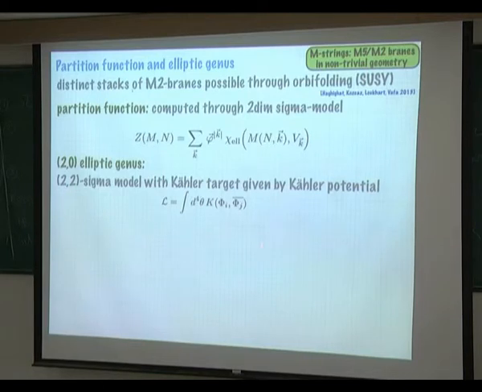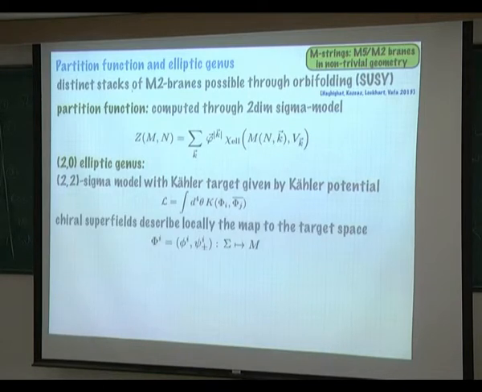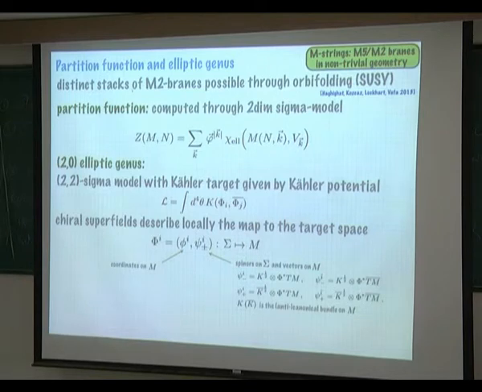Then I can write it as a sigma model with Kähler target space and Kähler potential like that, where the degrees of freedom, the chiral superfields, are just maps from the worldsheet into the manifold M, in such a way that the bosonic phi^i are just the coordinates on M, whereas the psi^i are spinors on the worldsheet, on the two-dimensional manifold, whereas they are vectors on M, and they are just basically sections of the canonical bundle on the worldsheet times the tangent bundle on the manifold M. So these are the psi^i, and similar for the psi-bars. It's just the conjugate to that.